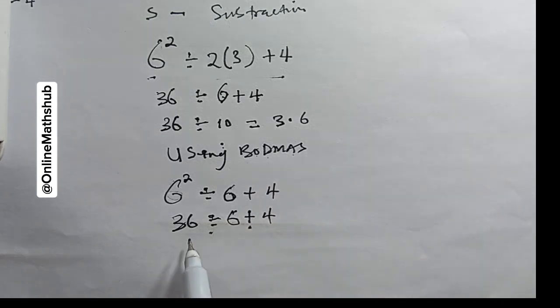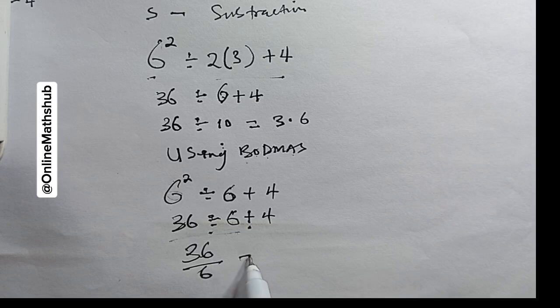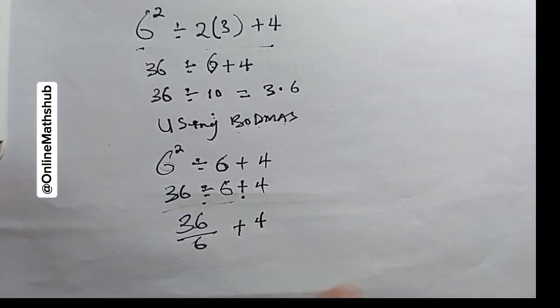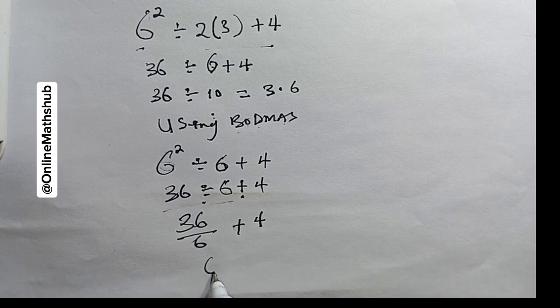So I'm going to go ahead to simplify these two. So I'm going to be having 36, okay, and then divided by 6, and then I'll keep the rest as it is, so that when I divide this, I'm going to be having 6 plus 4, and eventually we can go ahead to simplify this addition, which will give us 10.